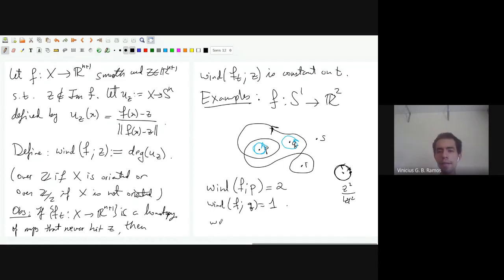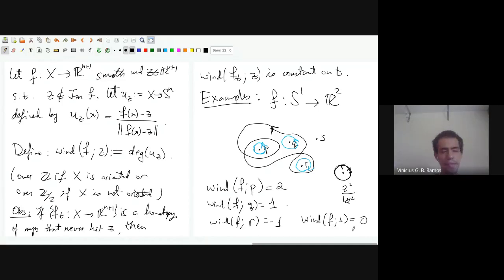With R, I can homotope this to a map that goes around R but rotates in the other direction, so this is going to be -1. And for S, we can homotope this to a map that is just constant without intersecting S. So this winding number is going to be 0.